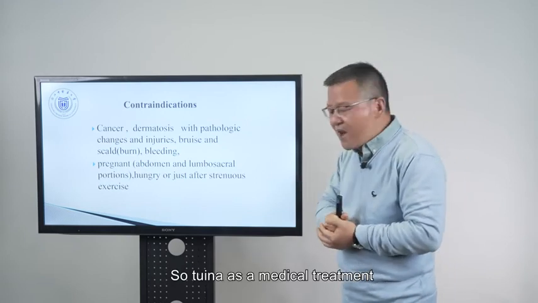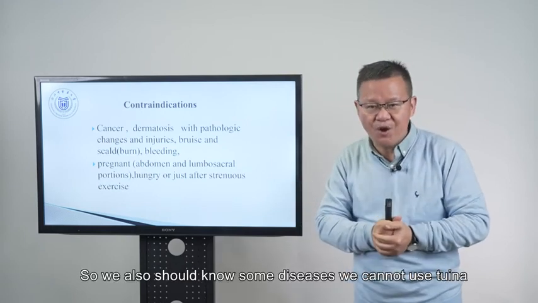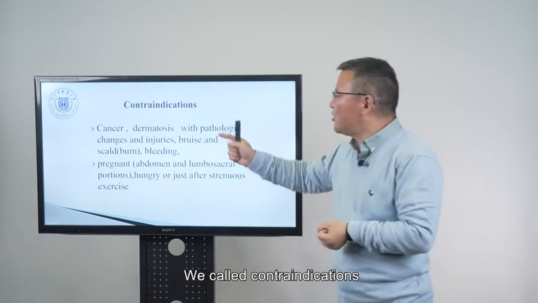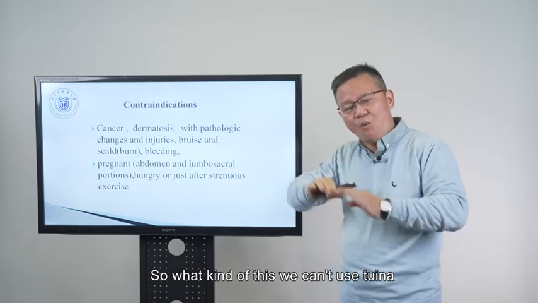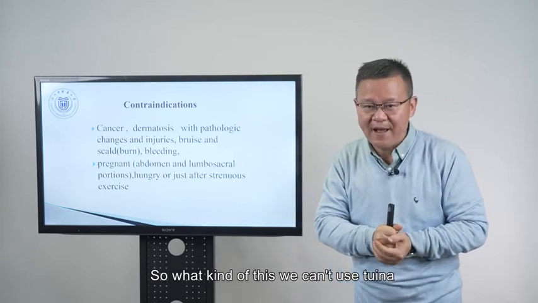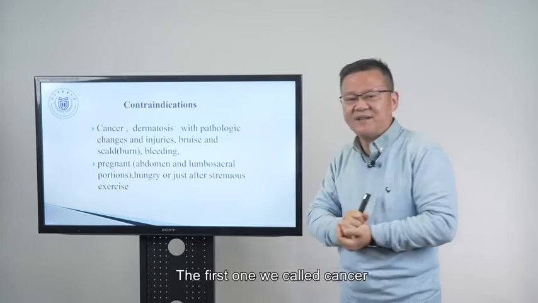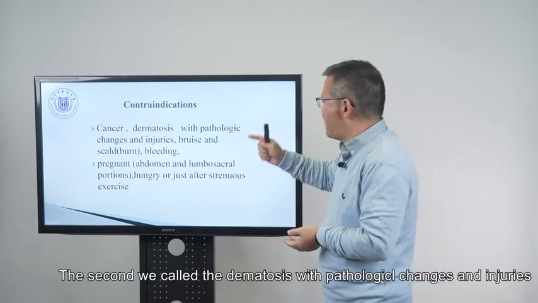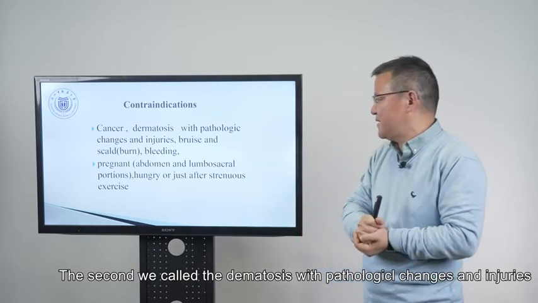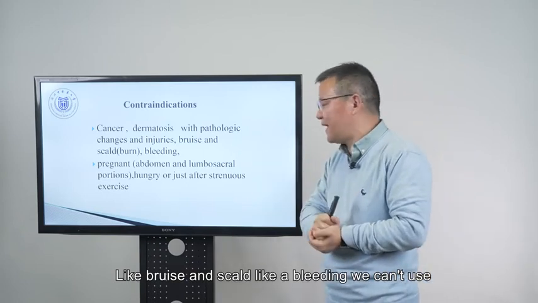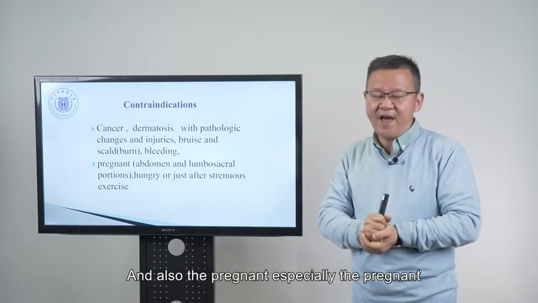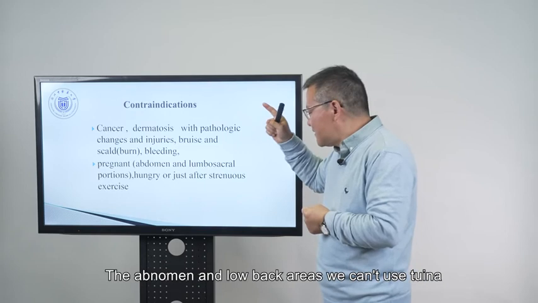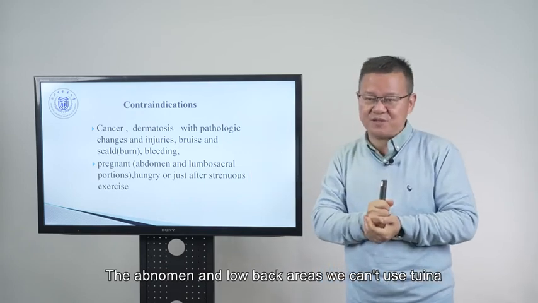Tuina is a medical treatment, so we should also know some diseases for which we can't use Tuina. We call them contraindications. What kind of disease can't we use Tuina for? The first one is cancer. The second is dermatosis with pathological changes and injuries, like a bruise, a scald, or bleeding. We can't use it. Also for pregnant women, especially on the abdomen and low back areas, we can't use Tuina.